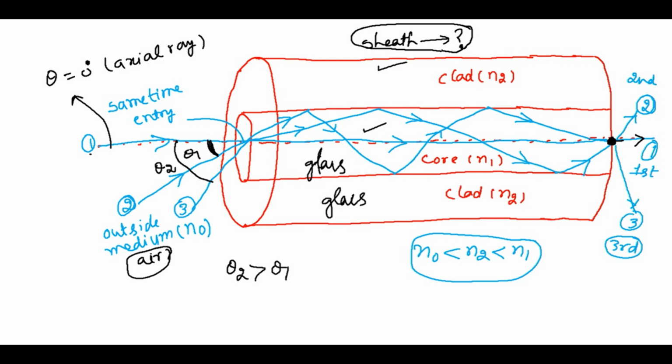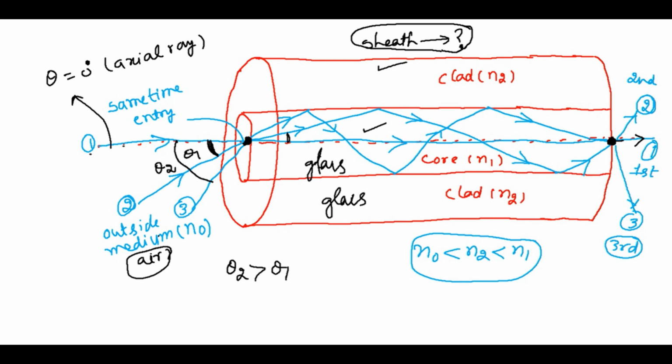So when this ray 2 enters at this point in the optical fiber, since it is traveling from air into glass, the refractive index of air is smaller than the refractive index of glass, so it will bend toward the normal. Please remember, for this point, the normal is actually the axis of the fiber. So on entering this medium, that is the core, this ray will bend toward the axis.